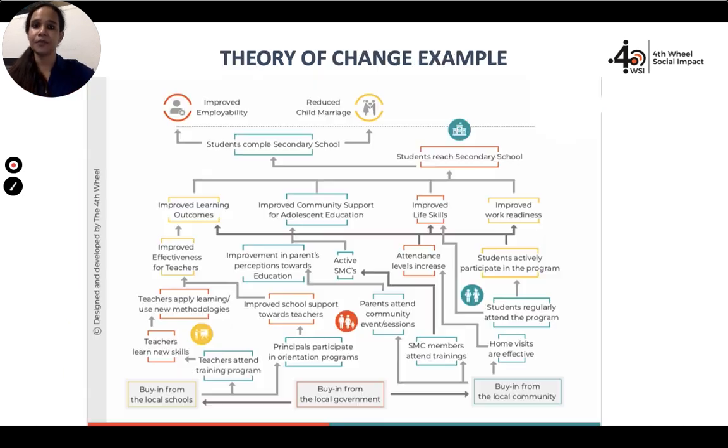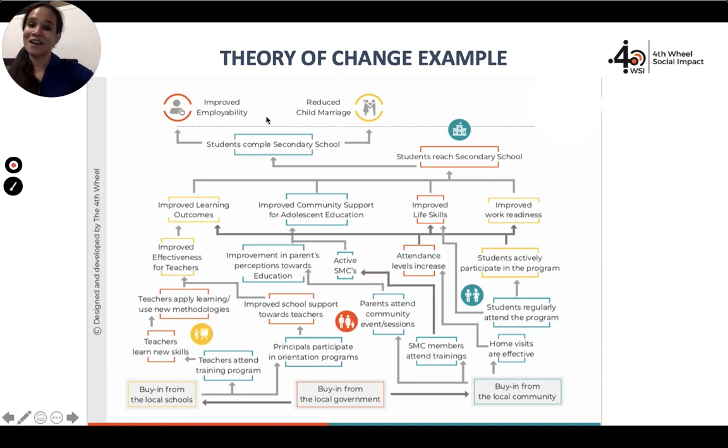So let's take this example where the organization seeks to ensure that students complete secondary school. The eventual goal is that they reduce child marriage, because they're completing secondary school and having higher education attainment. The expectation is that it reduces child marriage and improves employability.